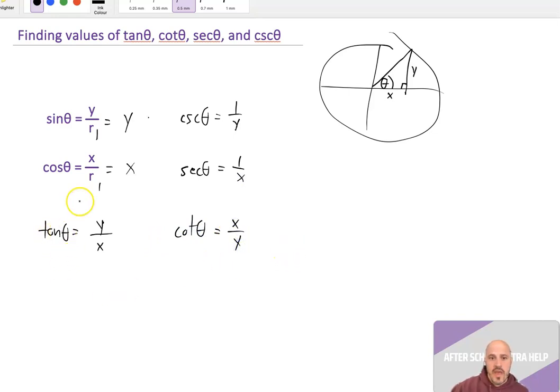Another helpful way to think of these, and this will be useful once we start doing identities, is that if y is sine and x is cosine, it could be helpful to think of tangent as sine over cosine. We don't need to write the rest in, but sometimes this helps different students.